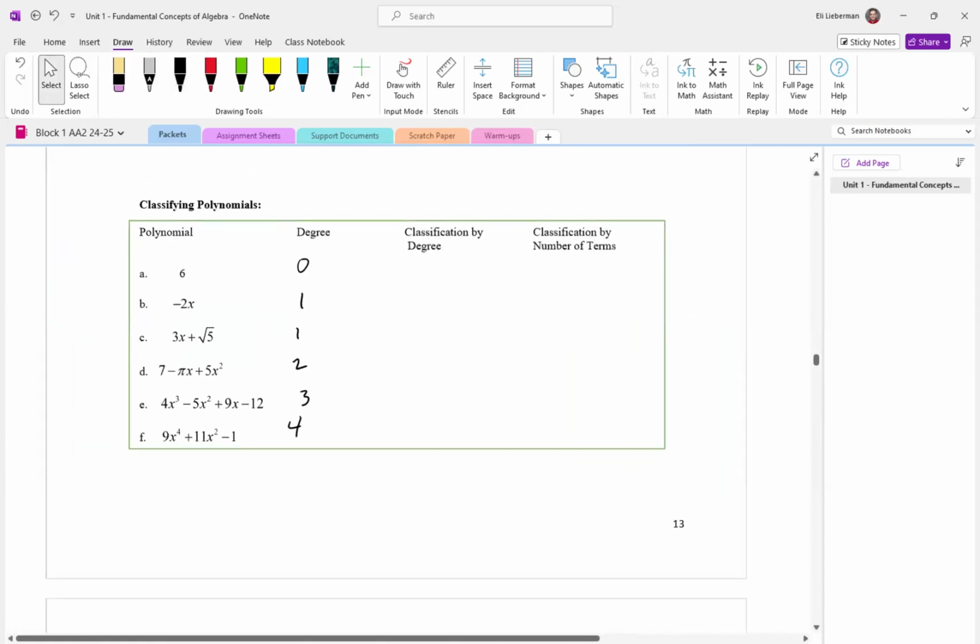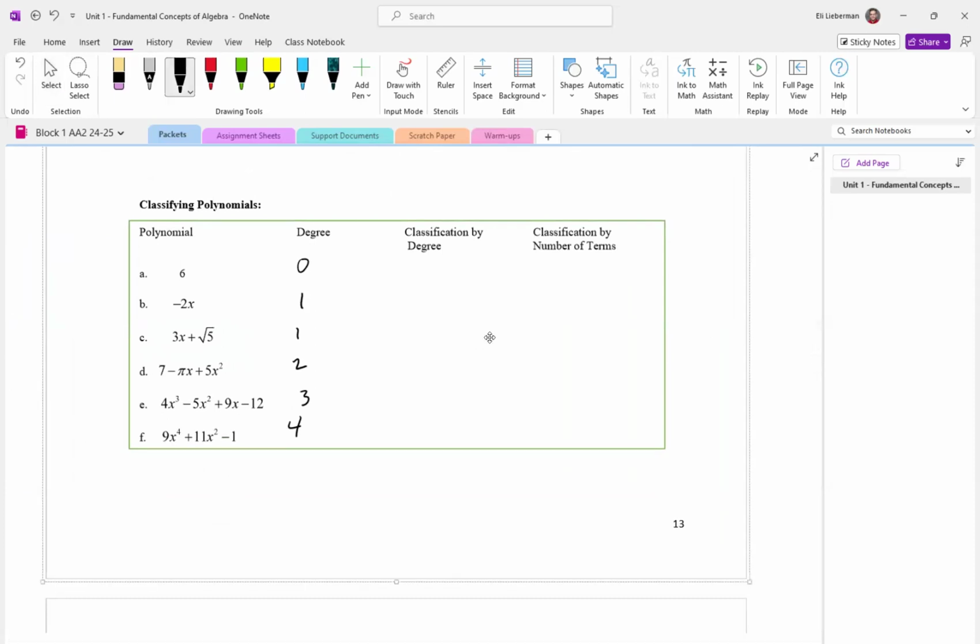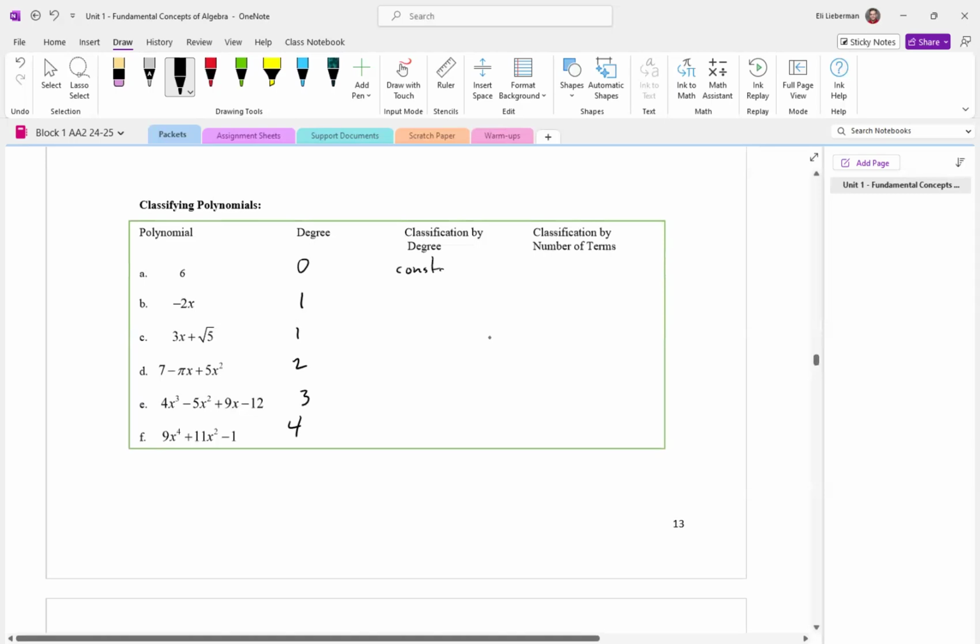Classified by degree. Every polynomial has a name. So we could call it 0 degree, or we could call it constant, a constant polynomial. The second one we call linear. You've heard that word with regards to math before. A basic linear equation is of the form y equals mx plus b.